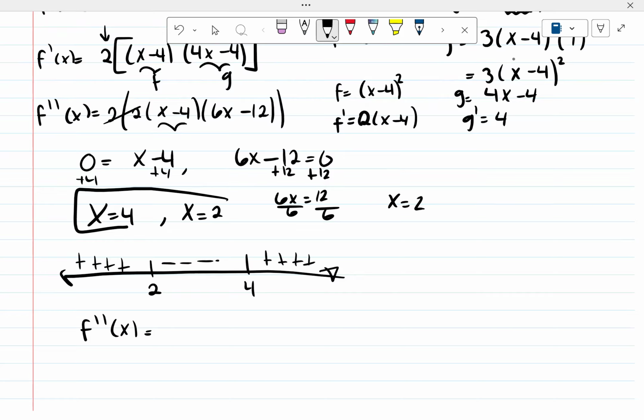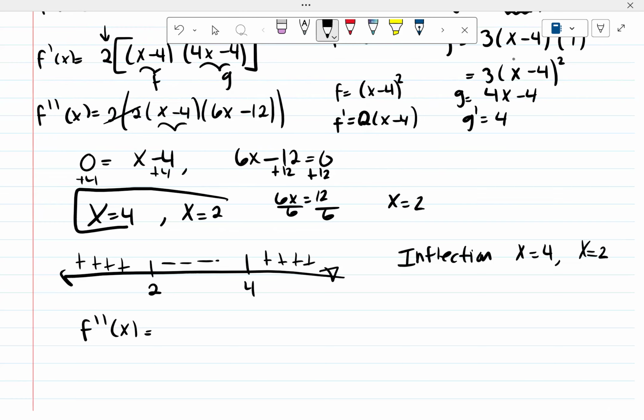The key is, as long as the sign changes, which it does, you have an inflection point. So that's how you know you have an inflection point at these two x values, x equals 4 and x equals 2.